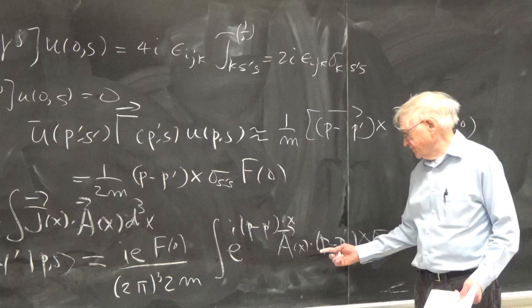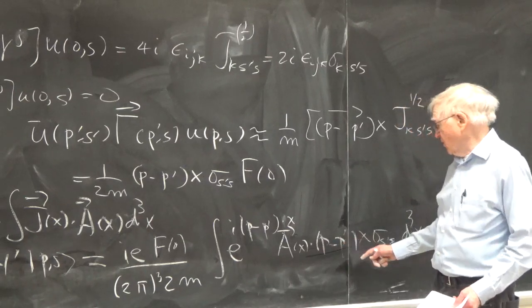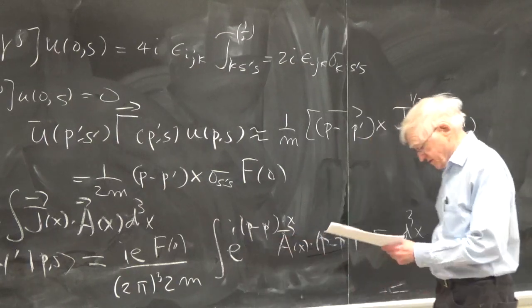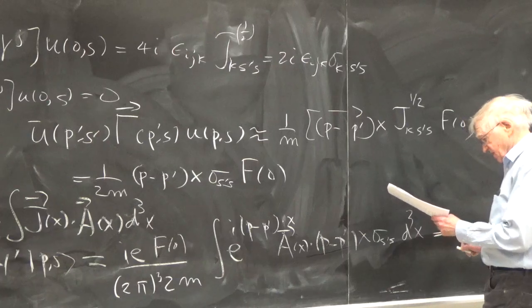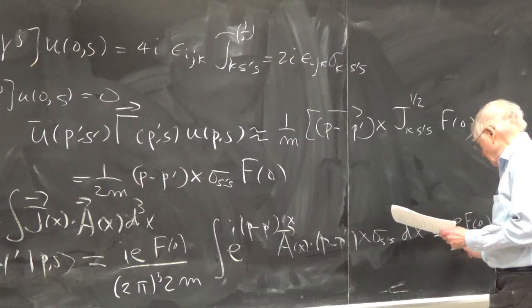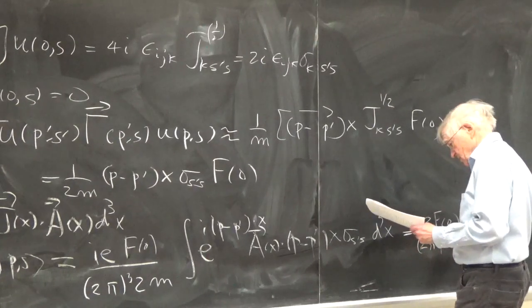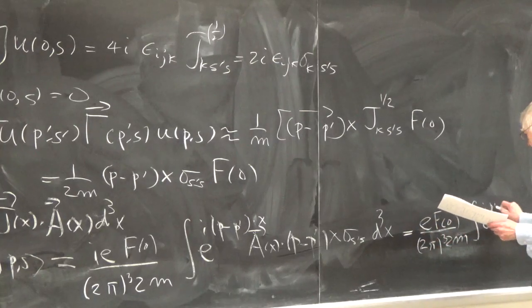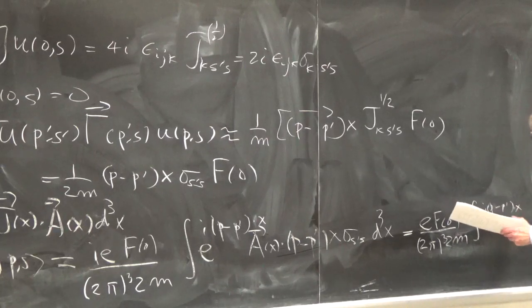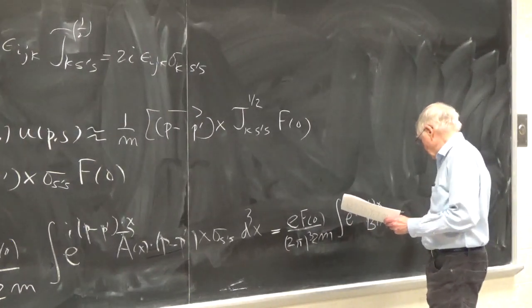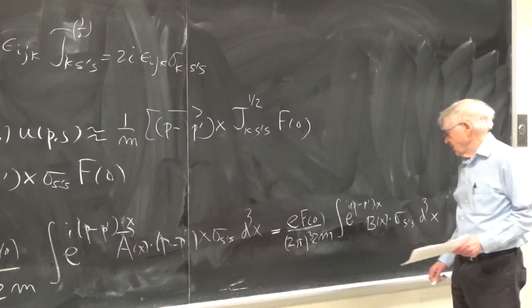Now this p minus p prime you can think of as a derivative, and you integrate by parts, and what you get is that this is e F of 0 over (2 pi)^3 2m, integral e to the i (p minus p prime) dot x, B of x, B being curl of A, dot sigma s prime s d cubed x.